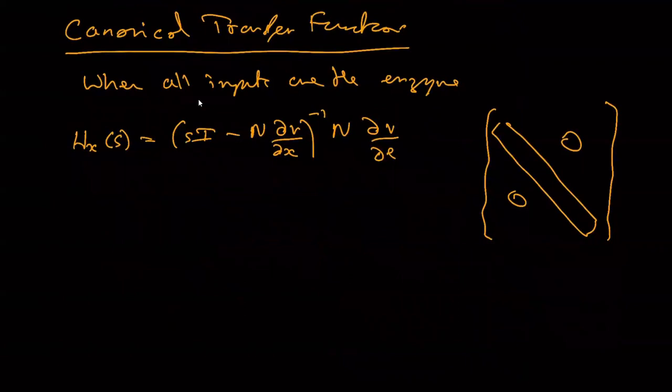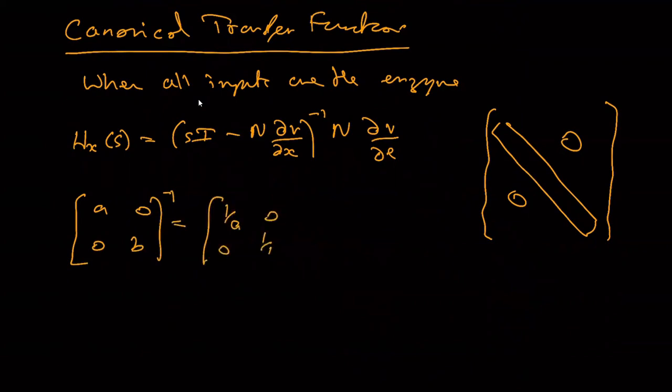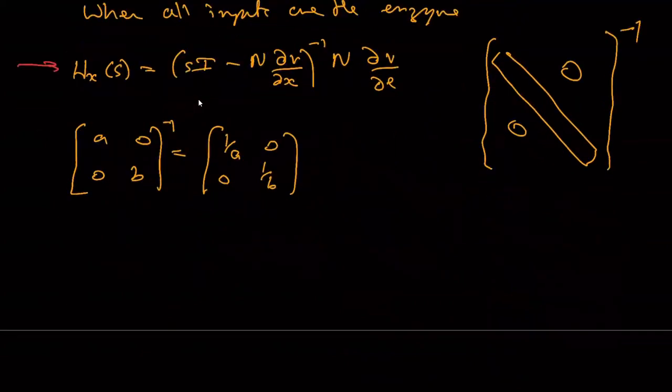Now for a matrix like A, 0, 0, B, the inverse of that is just 1 over A, 0, 0, 1 over B, okay? So I can compute the inverse of this, no problem. If I post-multiply both sides of this equation by the inverse of this, I will get Hx(s) times dv/de inverse.